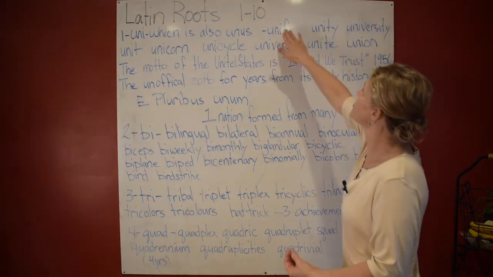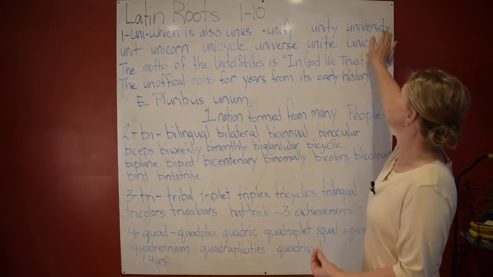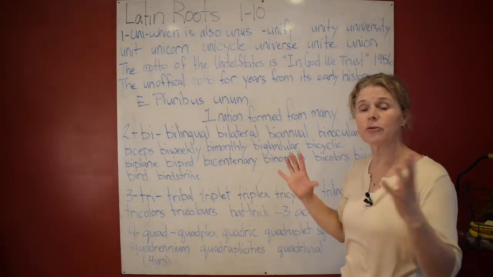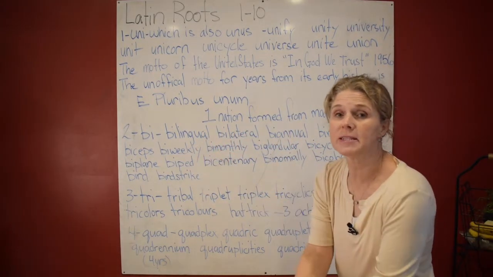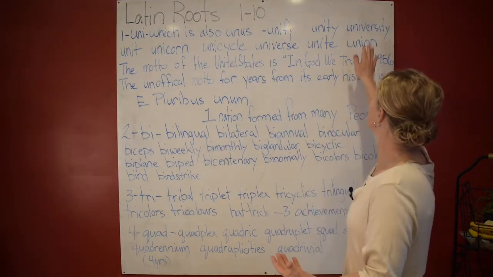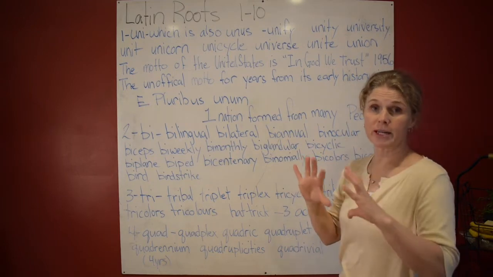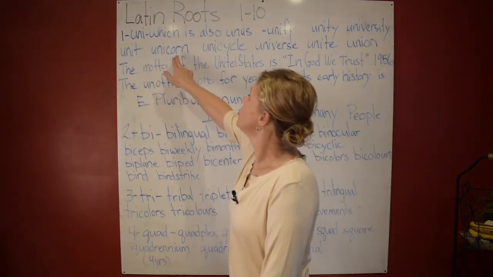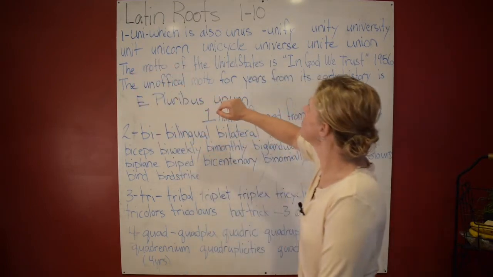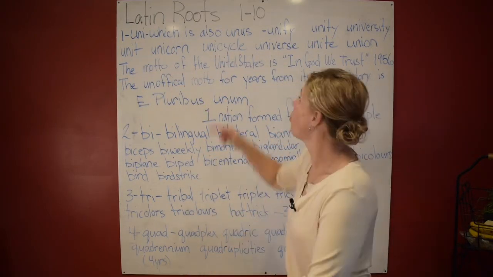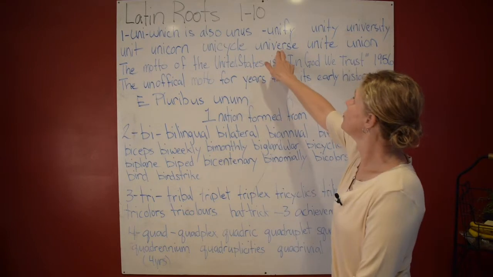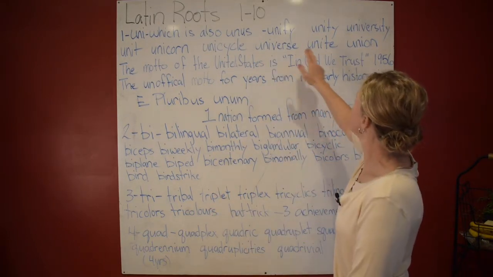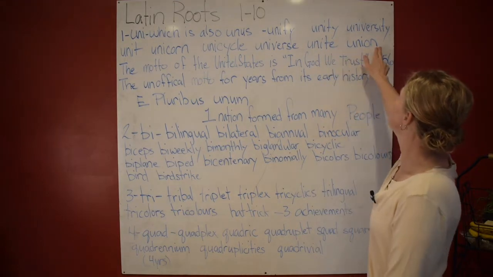Unity kind of goes with unify. University, which I thought was really interesting, how it's related after the universe, that's all one big space. And so the university teaches all. Unit, unicorn, that has one horn. Unicycle has one tire. Universe, see, has one big space. Unite, union.